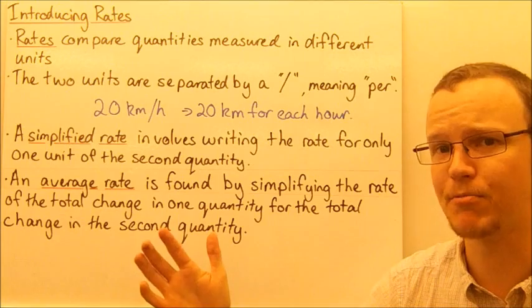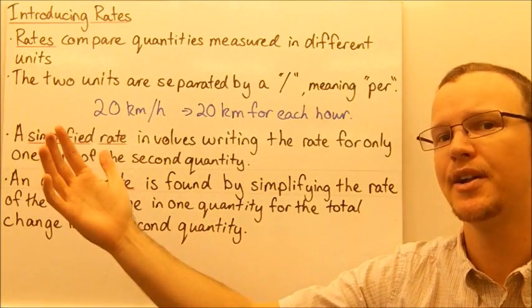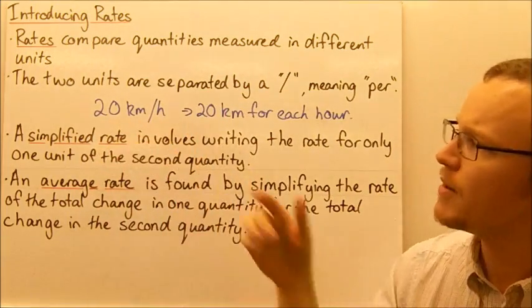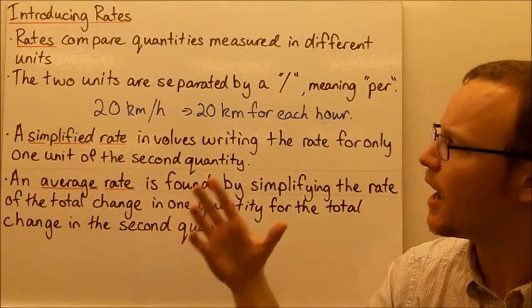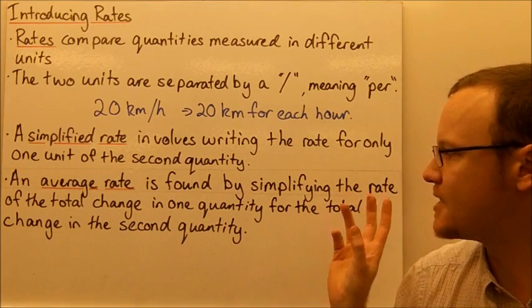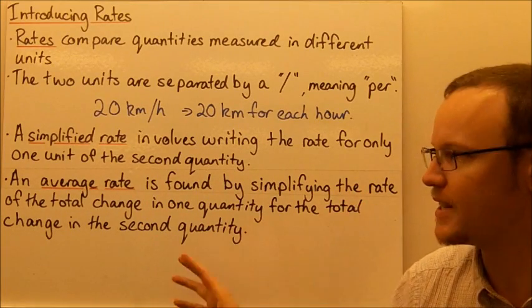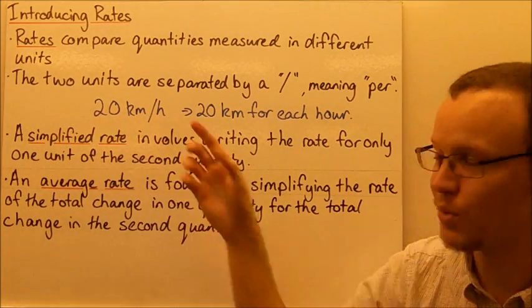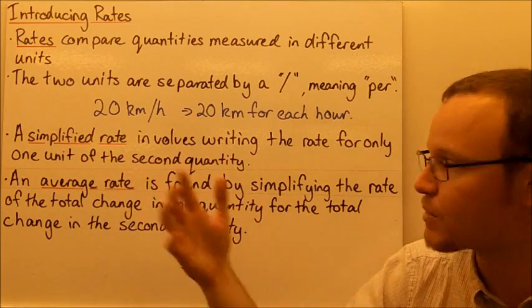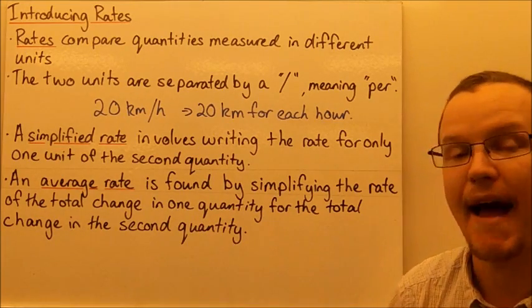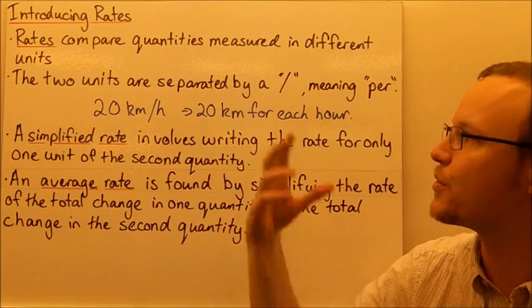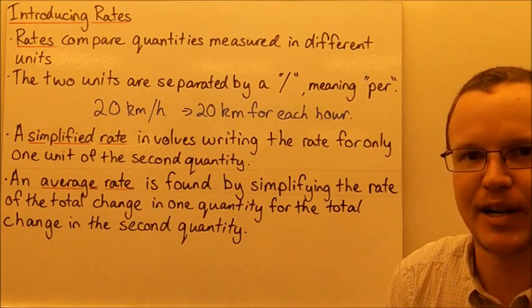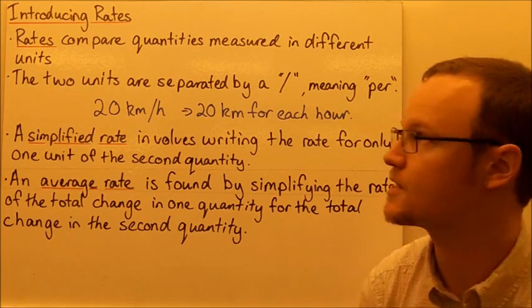But to find an average rate, you take the whole amount of the change in the first quantity, so the whole amount that you've grown, or the whole distance that you've travelled, and find it as a rate compared to a second quantity for the total time. Then you've got the average rate, the average rate of growth, or the average speed, which is a rate of movement.